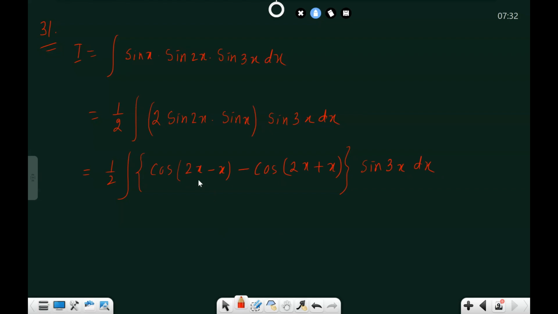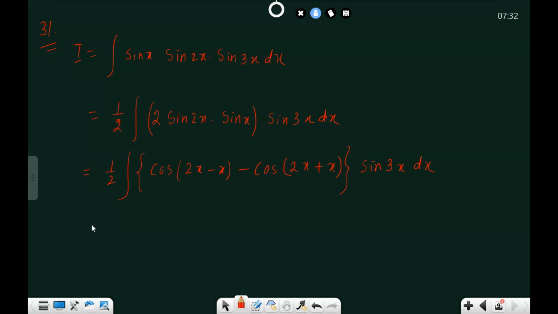Is that clear? Because if you break this one, cos 2x cos x plus sine 2x sine x, and here cos 2x cos x then plus sine 2x sine x, because this is minus, so cos 2x cos x will get cancelled. You will have 2 times of sine 2x sine x.